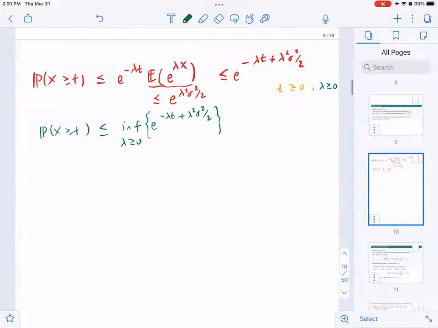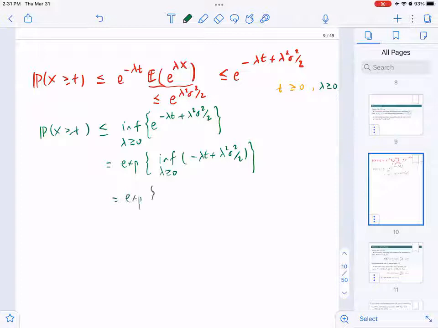And then this is just an optimization problem. And e is monotone, so basically you take the minimum of the inside, negative lambda t plus lambda squared sigma squared over 2. You take the derivative, or whatever you want to do.